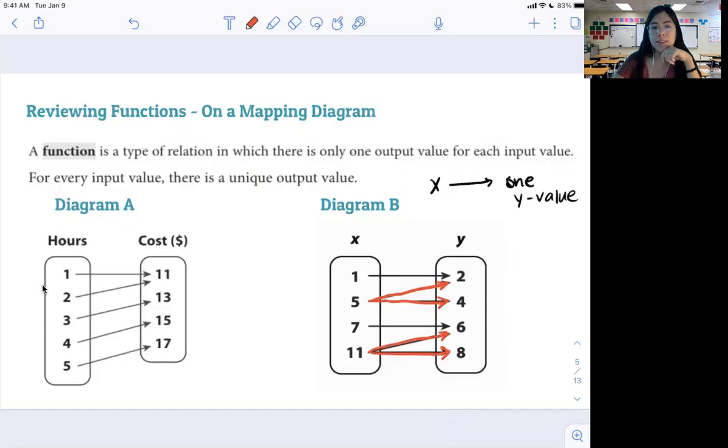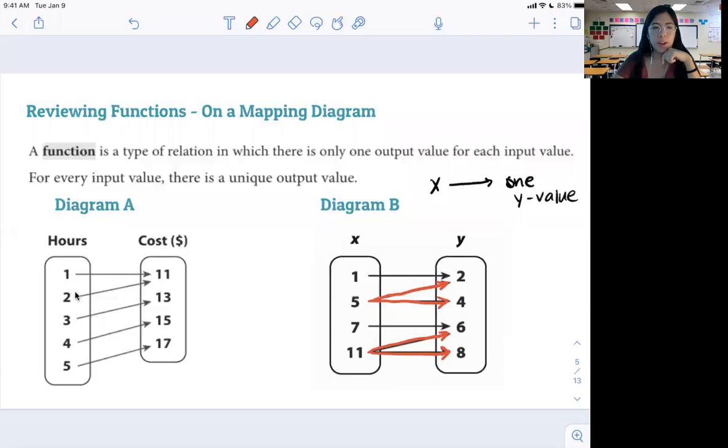Now, on the other hand, this might look kind of fishy, but remember, it goes one direction. The X can only go to one Y. How many Y values does the 1 go to? 1. How many Y values does the 2 go to? 1. How many Y values does the 3 go to? 1. The 4, 1, and the 5, 1.